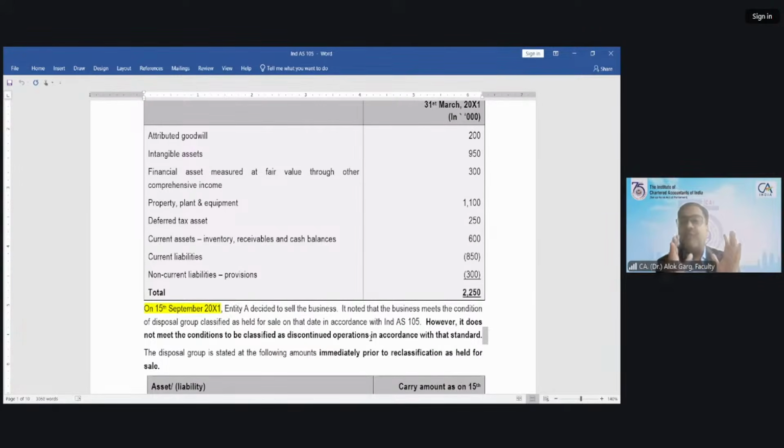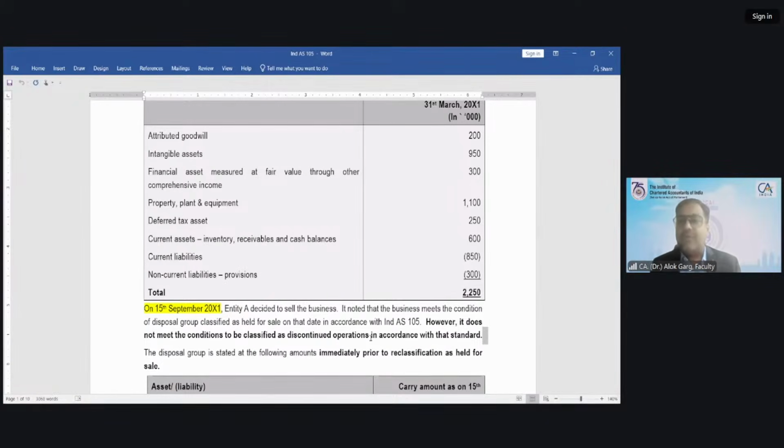So sir, when a disposal group becomes a discontinued operation, for example, a multinational company is doing a business in India. They have only one factory in India, operating from Delhi. So they decided to wrap up their business from India and they dispose of that only factory.